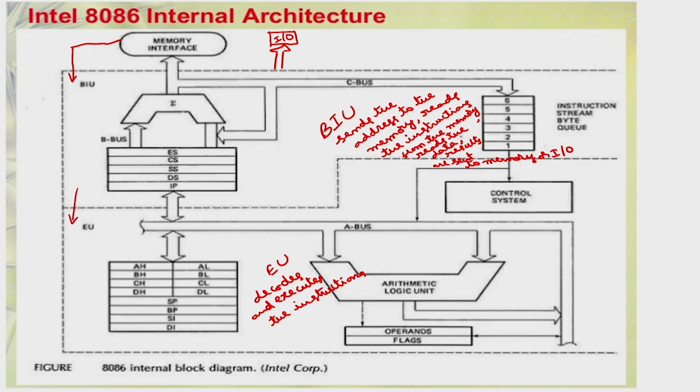While the microprocessor is executing the first instruction, the bus interface unit fetches several instructions, up to 6 instruction bytes. It prefetches and stores them in a temporary location called the queue. This queue is a first in first out register set. Each one is a register, total we have 6 registers.